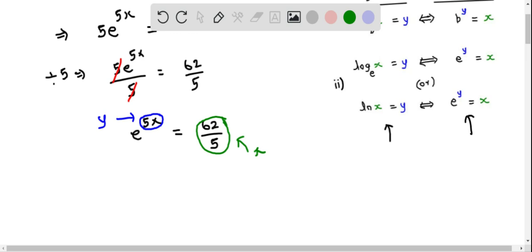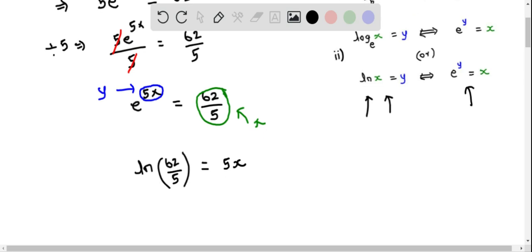And this means we can write down this exponential equation in the logarithm form like this. That is natural logarithm of x. X is 62 over 5, and this equals y. Y is 5x. So now we got the relation for 5x. We divide both sides by 5 so that we can solve for x.